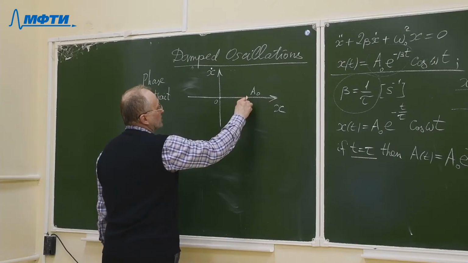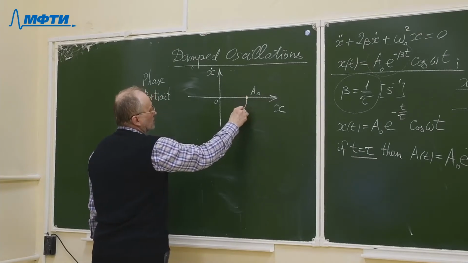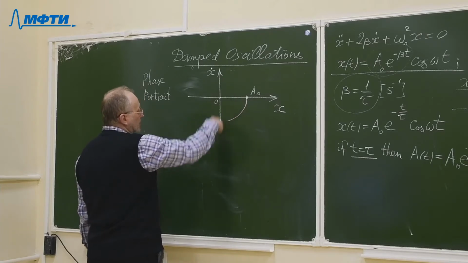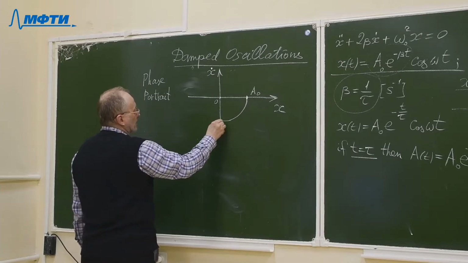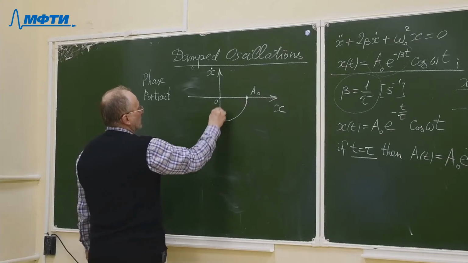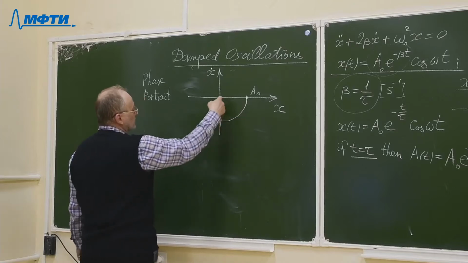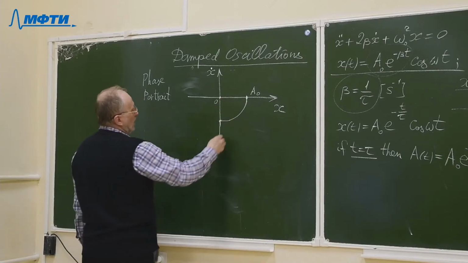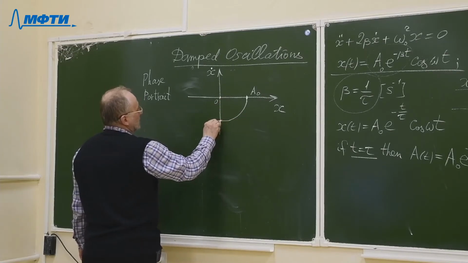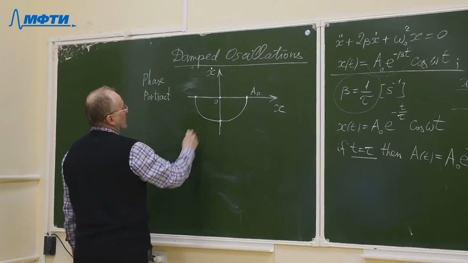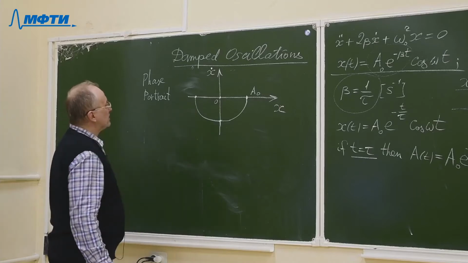It means that the position will become smaller and smaller, and the velocity will become larger and larger, but negative. And at this point, the body will be in its equilibrium position, but the velocity will be large negative. And the body will continue moving, and the position will become negative, and the velocity will become 0.